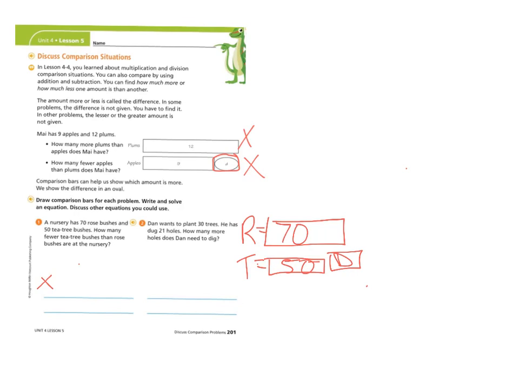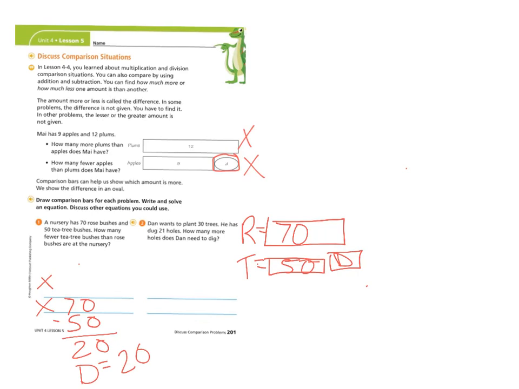So that's how you would draw the comparison bars to represent that word problem. Then it wants you to write an equation to solve the problem as well. So we would do 70 minus 50 equals 20. So D equals 20.